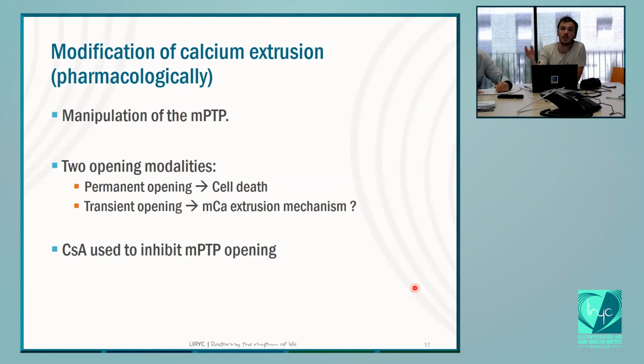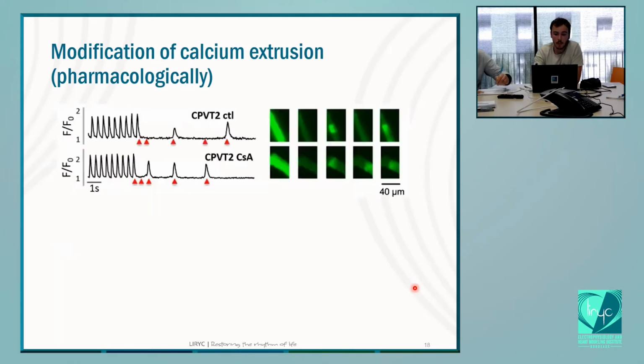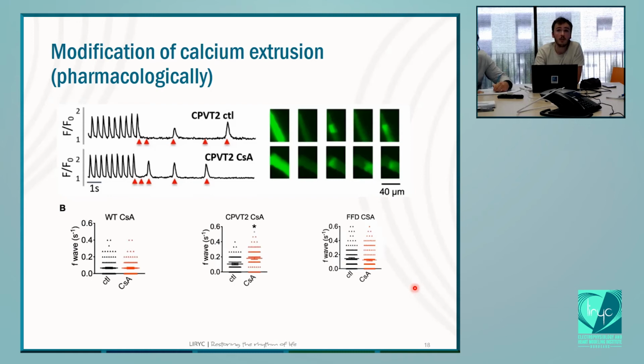So we are inhibiting the MPTP thanks to cyclosporine A. And so they are going to do the same experiments as with the MCU by loading the cardiomyocytes with cyclosporine A. And what they are going to see is that in CPVT2, by inhibiting the exit of the calcium from the mitochondria, they will increase the frequency of the calcium waves.